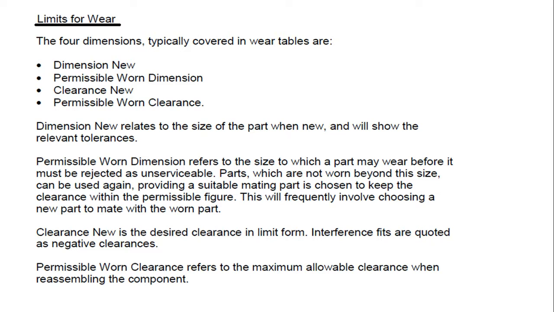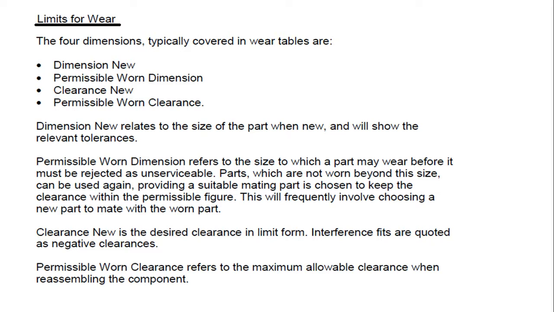Dimension new relates to the size of the part when new and will show the relevant tolerance. So this is when the things were totally new, right? And what was the measurement? Then we will keep it for our reference.